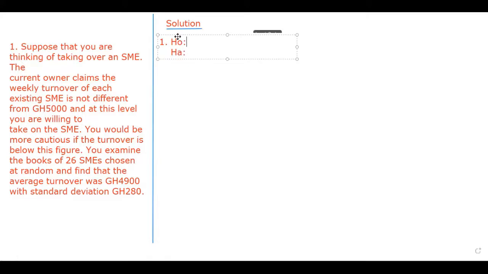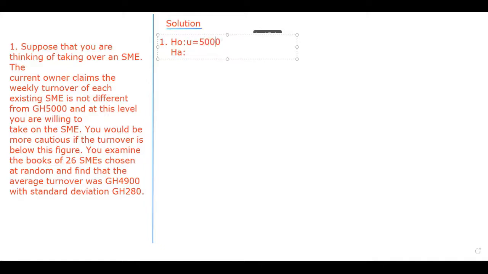H0 is when mu is equal to 5,000. I'll be using mu for the population mean. So our H0 is such that mu is equal to 5,000.